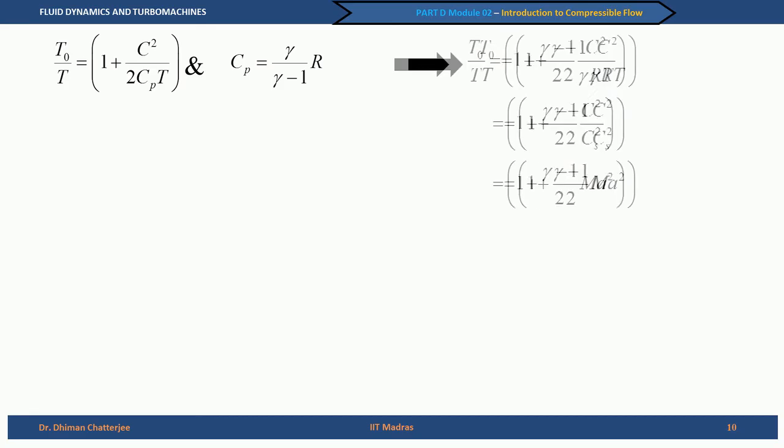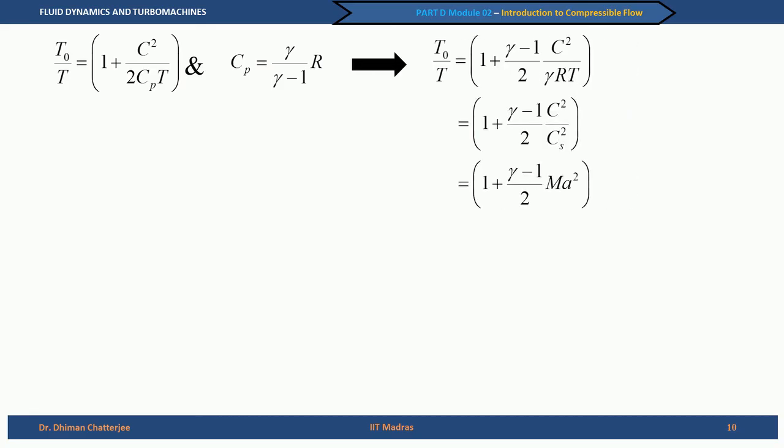So, if we now combine this, we can get that T0 by T is 1 plus gamma minus 1 whole divided by 2 times C square by gamma RT, and we can replace gamma RT as a square or speed of sound, and hence we get ultimately that T0 by T equal to 1 plus gamma minus 1 by 2 times Mach number square. When we connect pressure with temperature, then we can say that P0 by P, the corresponding stagnation pressure, is P0 by P equal to T0 by T whole to the power gamma by gamma minus 1.